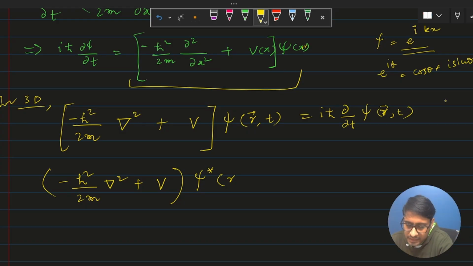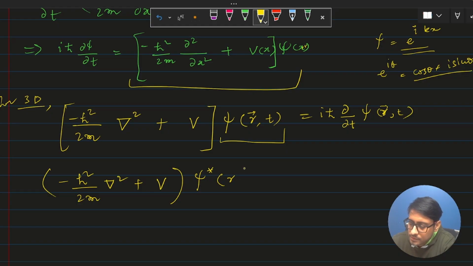So there is nothing wrong in assuming that a complex conjugate of this function can exist, and we are writing the same equation for a complex conjugate. For now we are just writing it out of mathematical curiosity, not because we think it's going to be a physical thing. We have not yet proved it in the first lecture, but because we know that this is a complex thing, obviously we can take the conjugate on both hand sides.